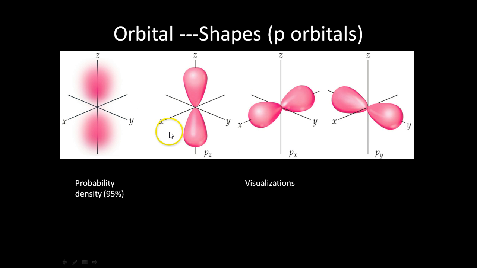Once we start getting to p orbitals, p actually has 3, and the shape of these orbitals, these lobes, look kind of like dumbbells, right? It's kind of like a dumbbell or 2 balloons tied together. And they're oriented in different ways.